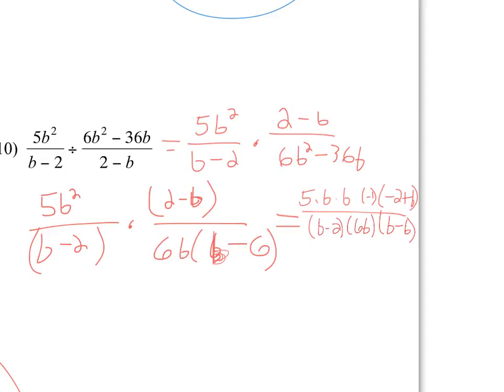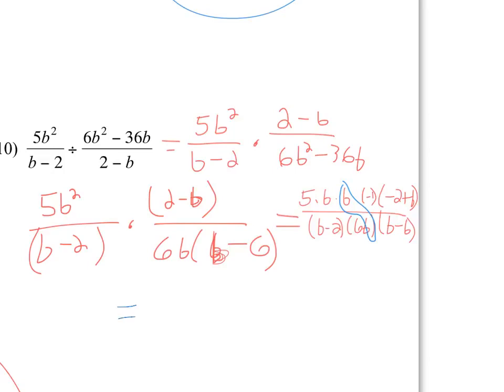But notice I've got a b and a b, and those are multiplied, so I get rid of those. And I can reorder the multiplication here. So instead of negative 2 plus b, I'm going to just flip the order, and it's going to be positive b minus 2. Okay, so I'm rewriting it. That's all I'm doing at this stage.